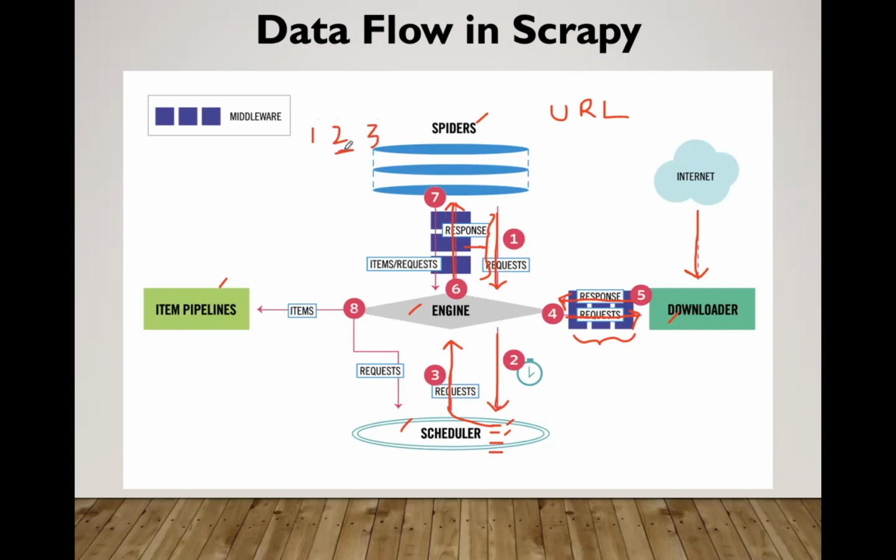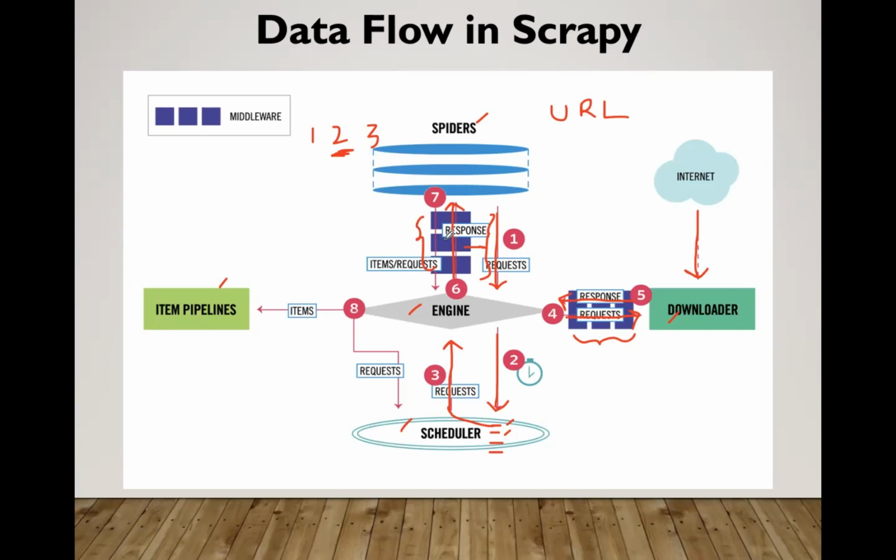And if the request was received from this second spider, then the response should also be sent to the second spider only, right? So that is the responsibility of the engine here. So how will it send that response? Through this middleware. This middleware is called the spider middleware.